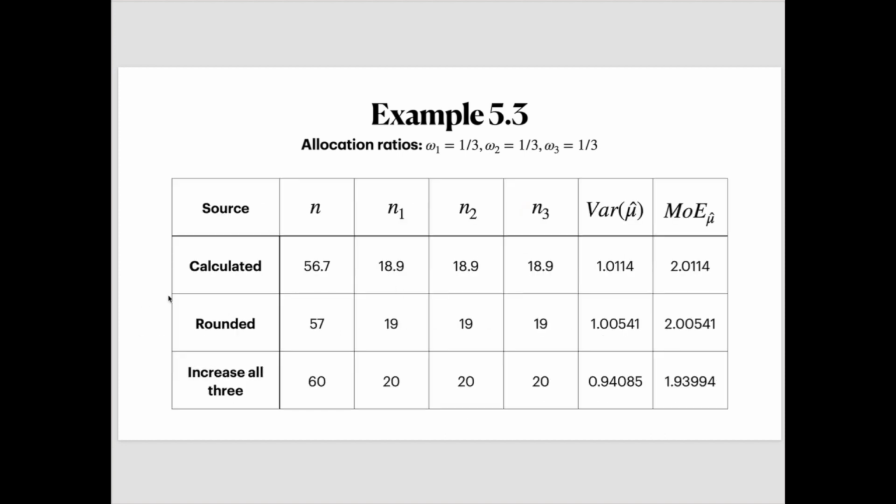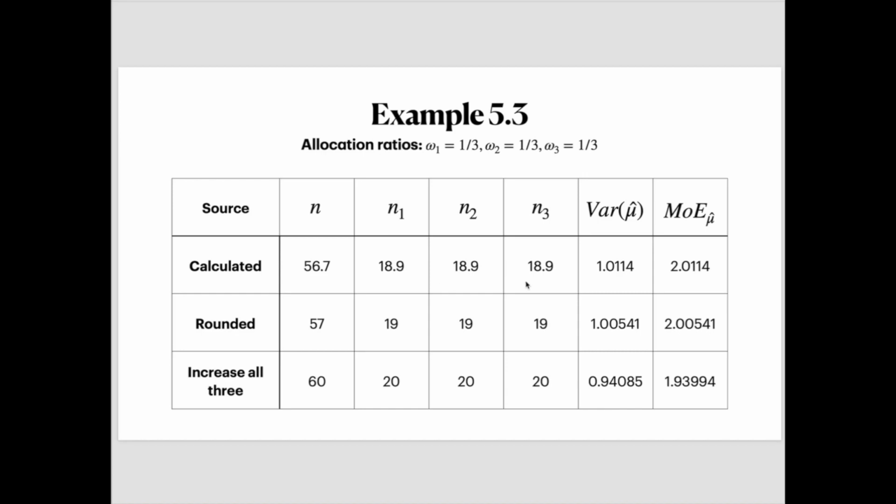All right, and so here I've got a table, and in the first column I've got the source of the sample size numbers that I have in the various columns. And so in this first row, these are the sample sizes that we've calculated using the sample size formula. Again, the sample size formula gives us an overall sample size of 56.7 observations, and then multiplying that against these allocation ratios, we get 18.9 observations from each of my three strata.